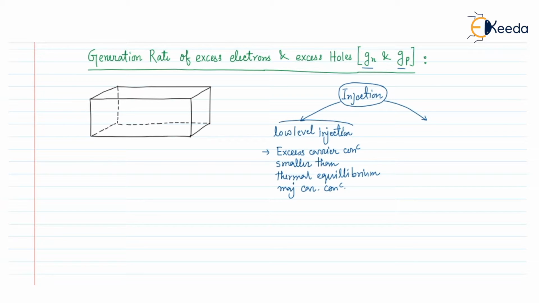This is called low level injection. Injection is nothing but the process of injecting the minority carriers inside the semiconductor.